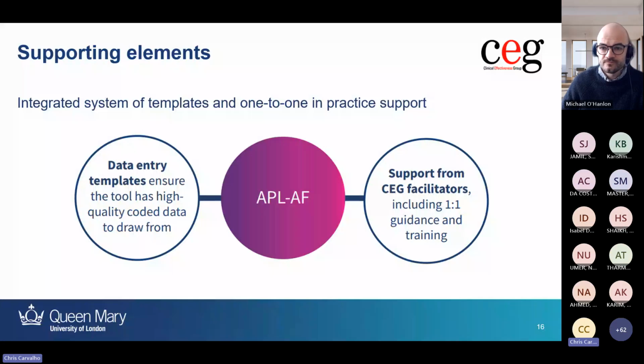Absolutely, yeah. So the key here, as I said before, is that the APL-AF tool is a supporting element in that it is integrated into this golden thread of the pie chart I showed you earlier of the different things that go into how we use the clinical effectiveness approach. So it's very important that we have high quality data so that we're able to identify the patients who have AF.